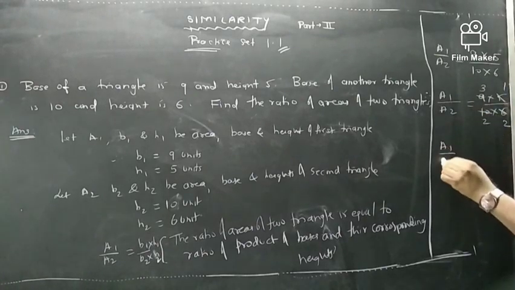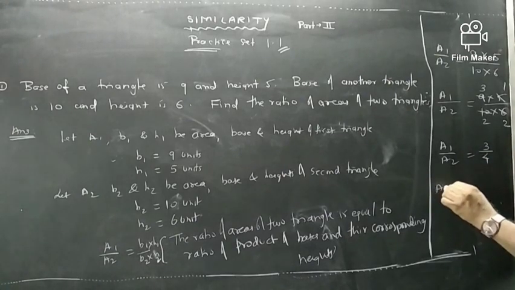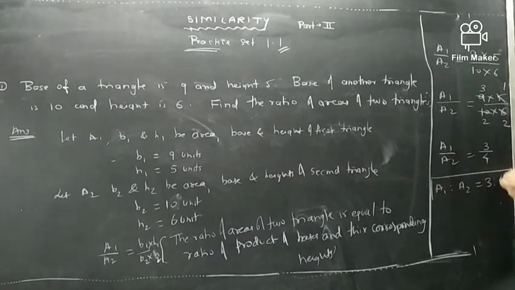So A1 upon A2 is equal to 3 upon 4. So A1 is to A2 is equal to 3 is to 4, is the answer.